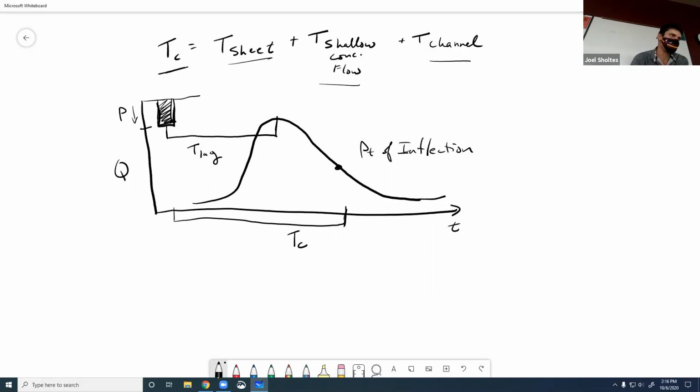And the rule of thumb of how you get to the point of inflection is not really a super useful thing to know. And so we take a step to relate the lag time to the time of concentration. And this is just kind of an empirical rule.